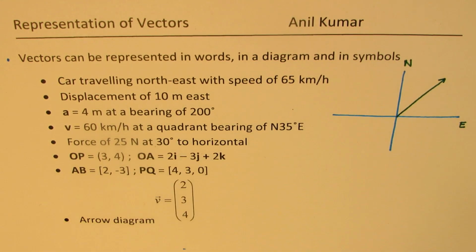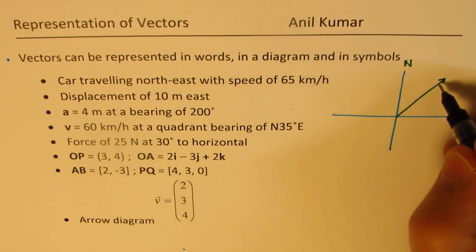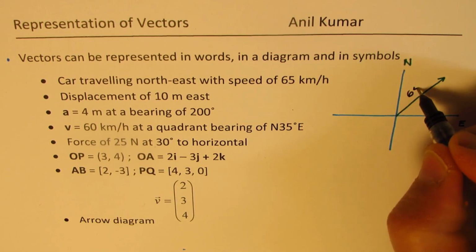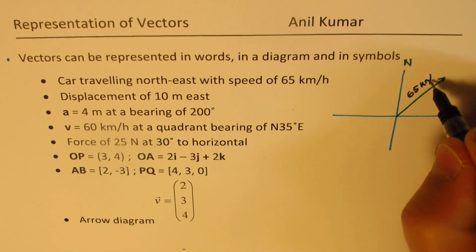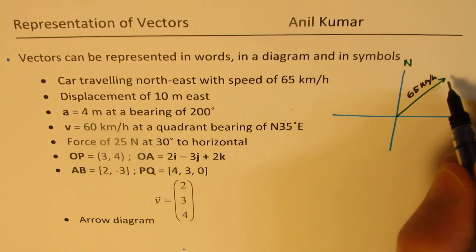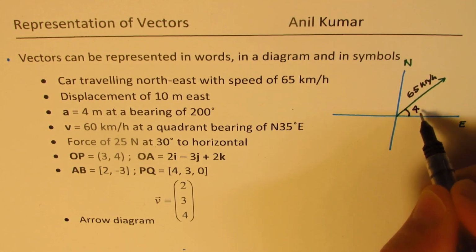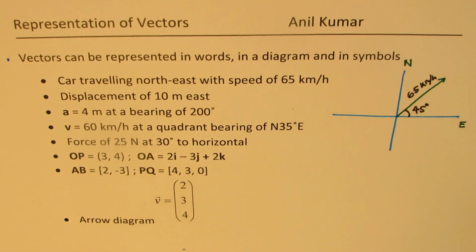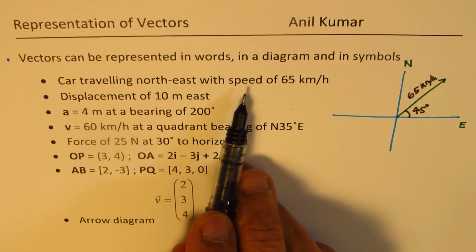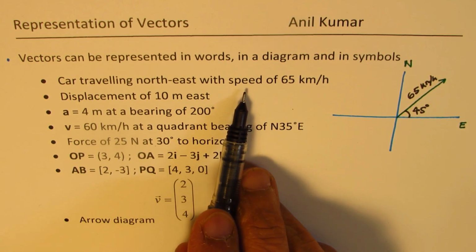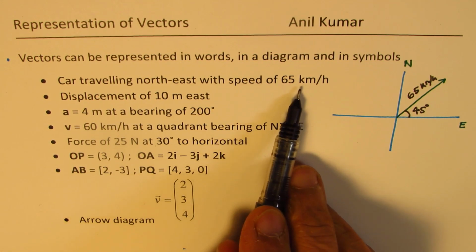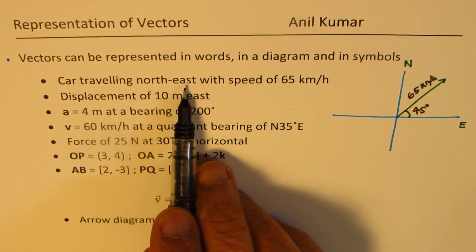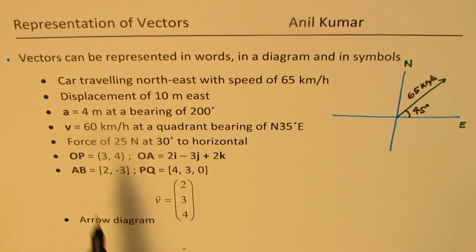Now, if this length represents the magnitude 65 kilometers per hour, then this direction, which makes 45 degrees with east, will be representing the velocity vector, speed of 65 kilometers per hour, northeast direction. Is that clear to you?